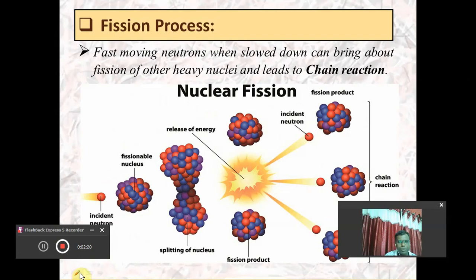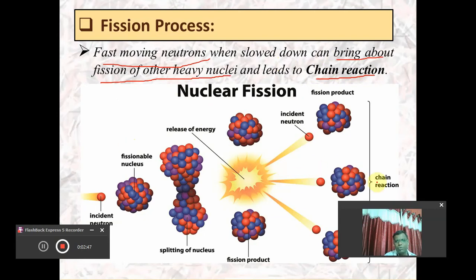So dear friends, in the previous part we already discussed the fission process. What is the fission process? Fast moving neutrons are slowed down, then these slow neutrons are responsible for the fission of other heavy nuclei, and this leads to a chain reaction.